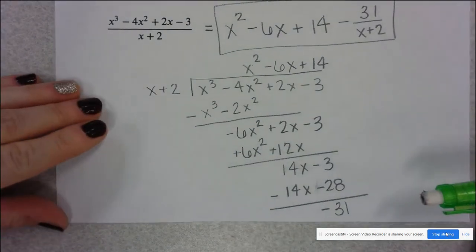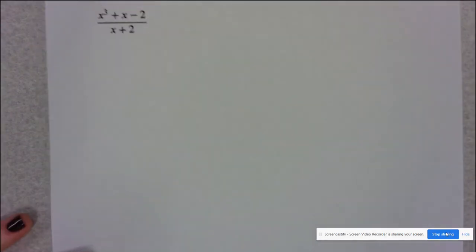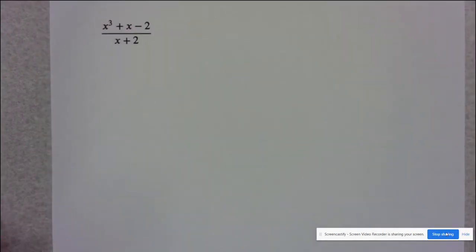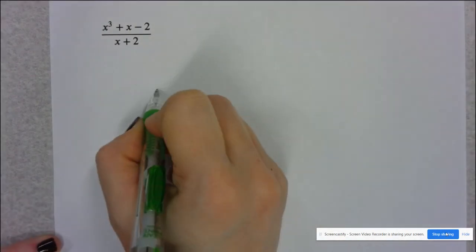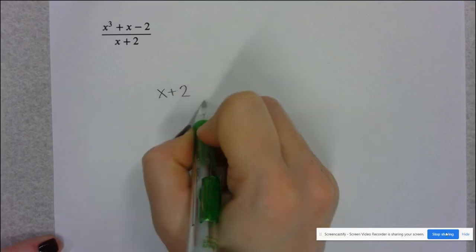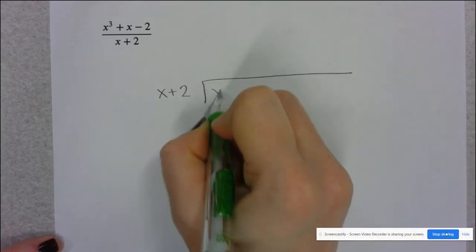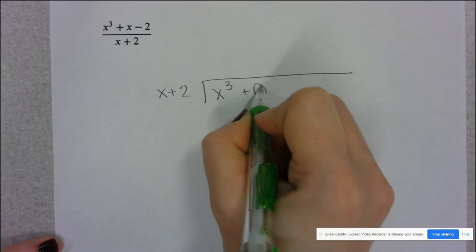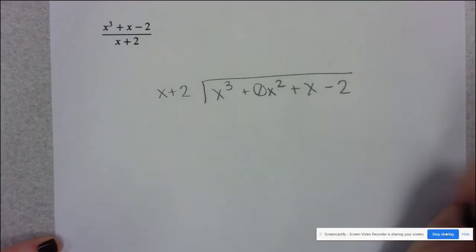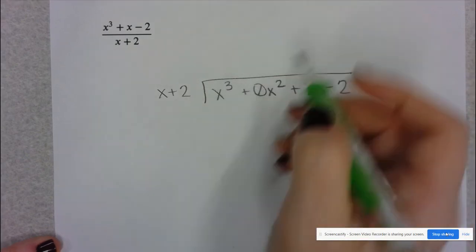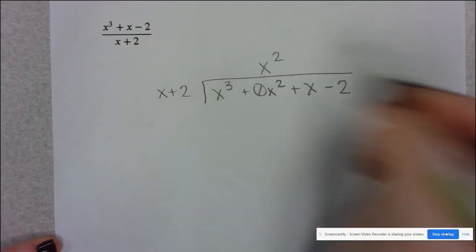Let's do one more. Now doing a quick inspection here, I'm noticing I don't have all of my exponents, so I know I have to leave myself a space and include 0x squared. So to get to x cubed, I need x squared.